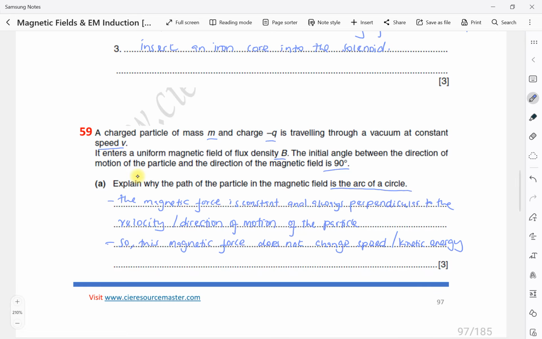Of course, if there is no change in speed or change in kinetic energy, there is no work done, but it just provides the centripetal force.